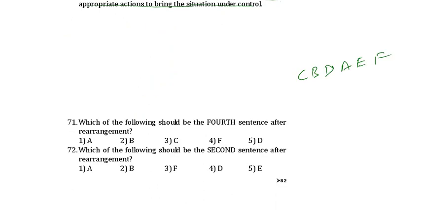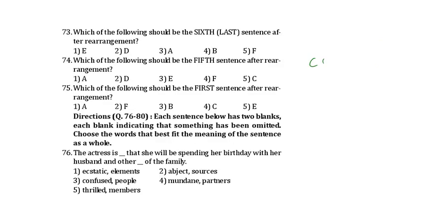Fourth one is A. Which of the following is second? Second one is B. Next, which of the following is the last one? Last one is F. Which of the following is fifth one? E. Which of the following is first one? C.